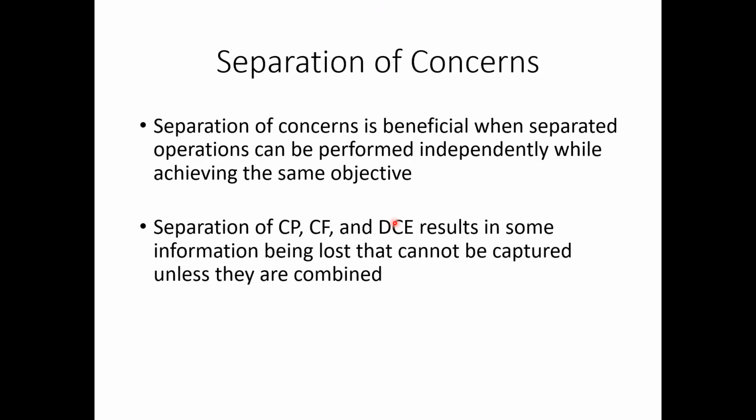So what is the solution in this case? The solution is that it's still good to have CP, CF, and DCE in our code because they're cheap, they're simple, we implement them over and over. But we occasionally need to have another optimization where we combine constant propagation, constant folding, and dead code elimination into one optimization that is going to have the full view of the constants and the dead code inside of our code to be able to tackle examples like the one that I just presented.